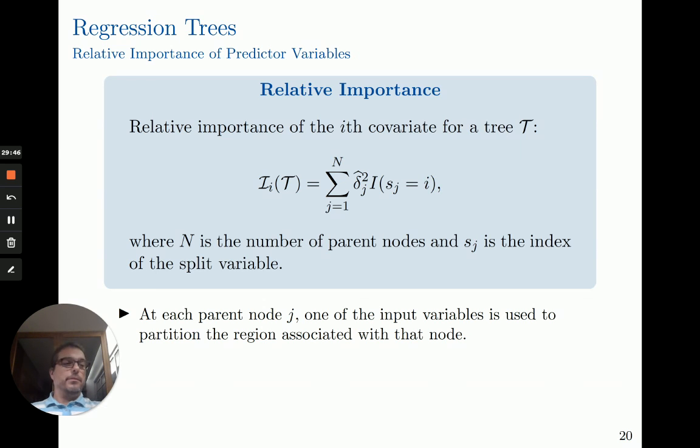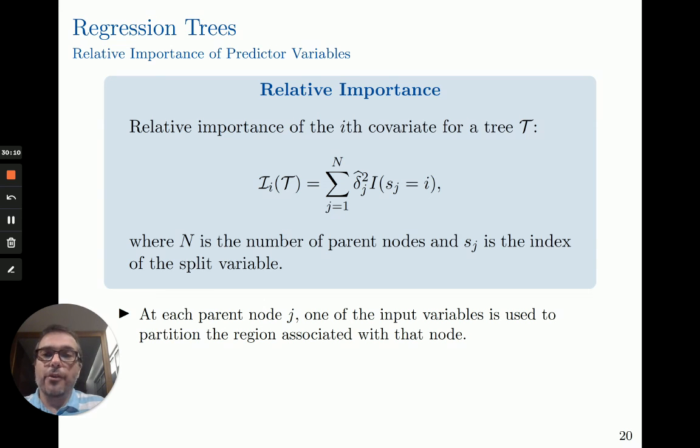Okay? All right, so we know how to grow a tree, but how can we measure the relative importance of a variable in a tree? Okay, so a very simple way to measure that is to use the measure of relative importance.